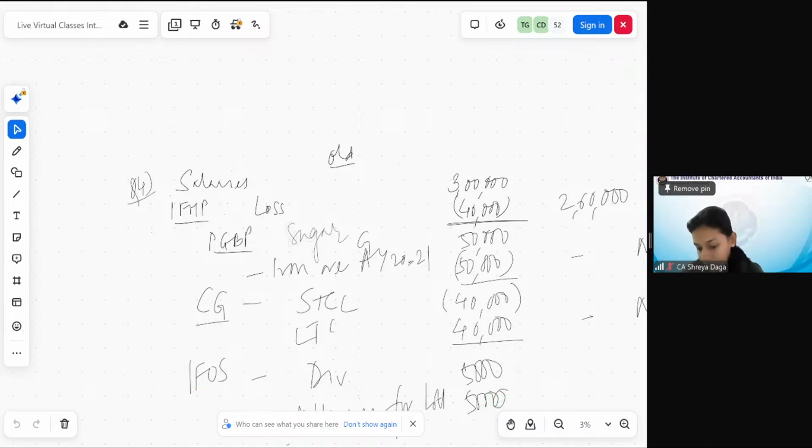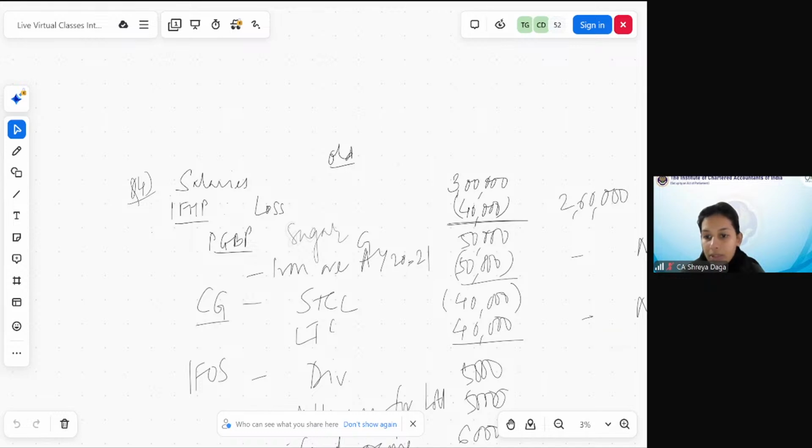Then you have card game, 6,000. Then you have FD interest, 5,000. You have another short-term capital loss of 10,000. So that also you could not use. So basically short-term capital loss 10 plus 20, 30K you are going to carry forward.